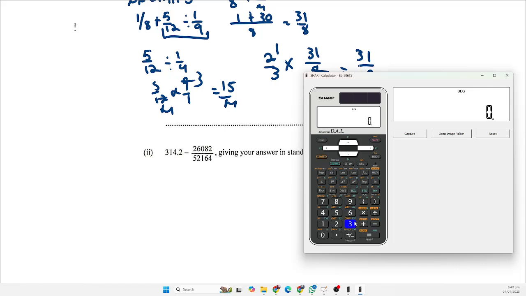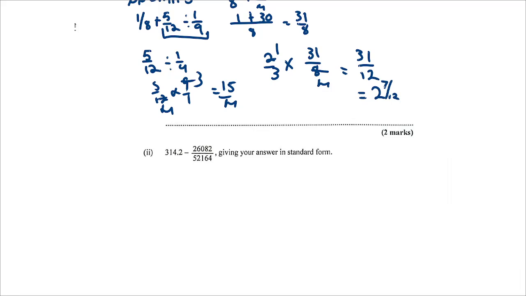So what I would do is put exactly what it has: 314.2 minus, open bracket, 26082 divided by 52164, close brackets. You press equal, you get 313.7. Right?